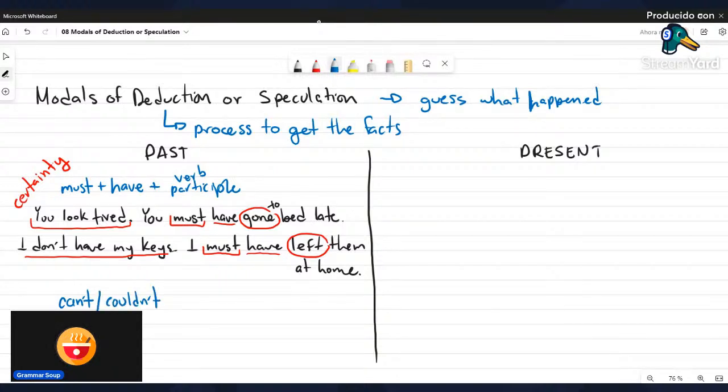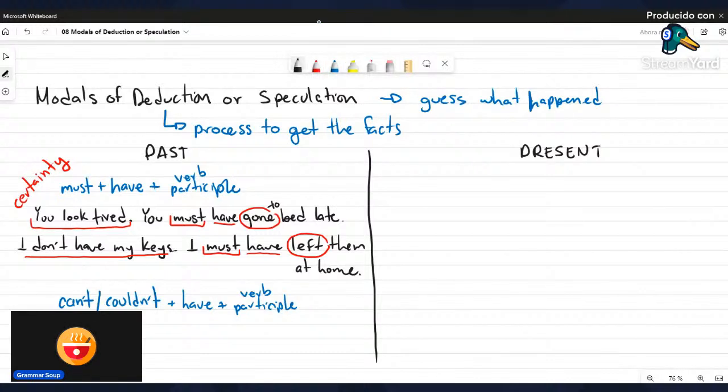And after that, we need to use the same structure: the auxiliary have and the verb in participle. Most of them, if you are making deductions in the past, usually you are going to have this auxiliary have. All right, well, let's continue here.